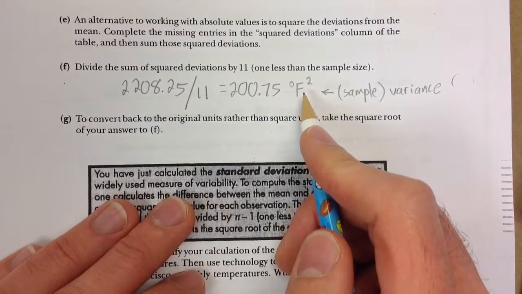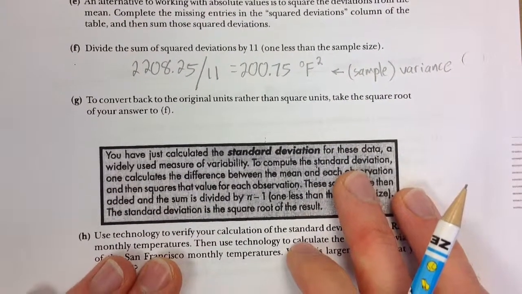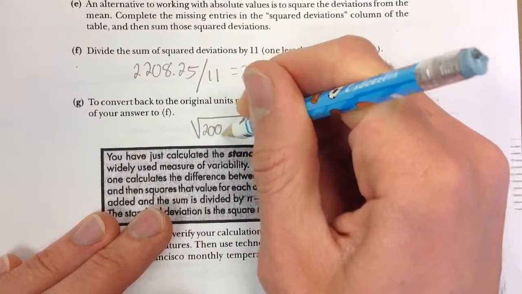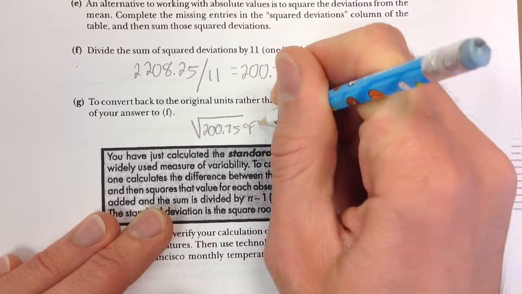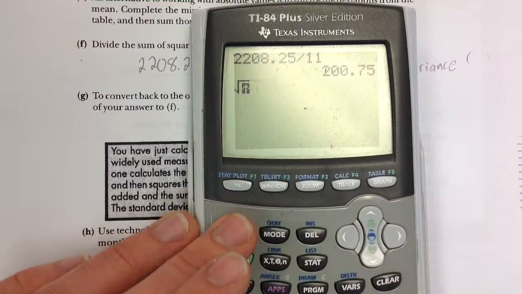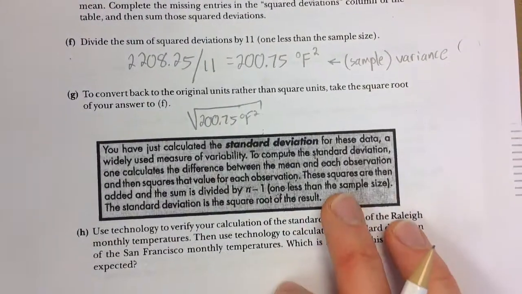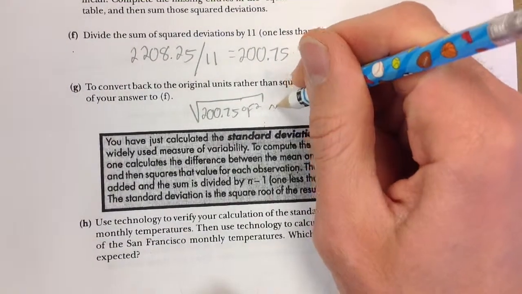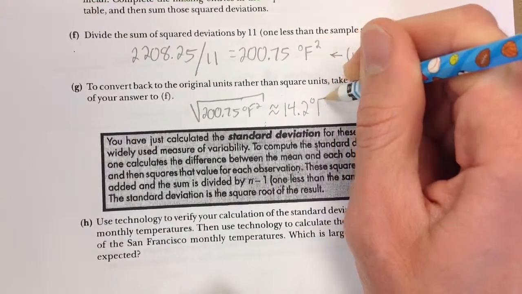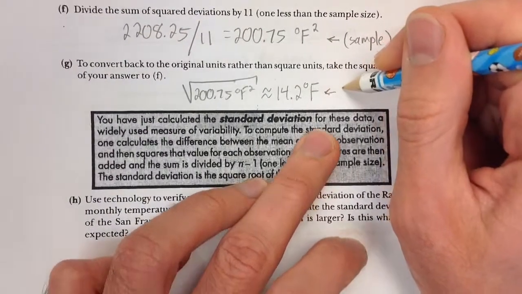So to unsquare it, we will use the inverse operation of squaring, which I think you know, the square root. 14.2 approximately. This is the standard deviation, or the sample standard deviation.